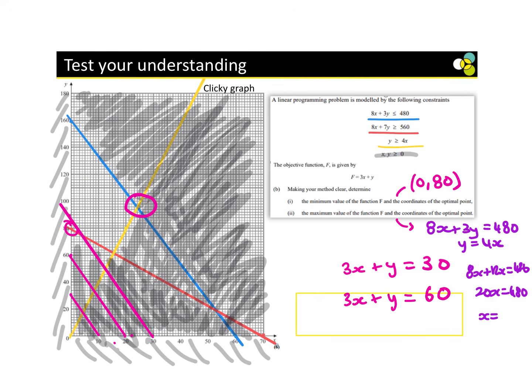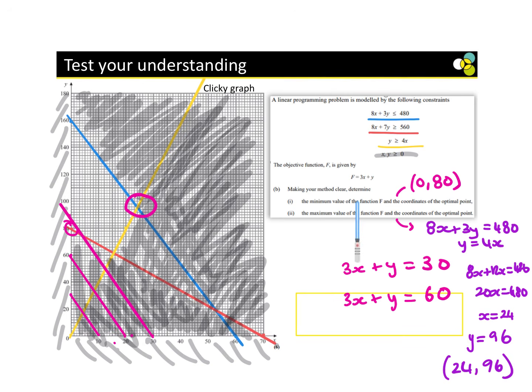That means x equals 24. Yeah, that looks about right. How do I find y? 4 times 24. 20, 40, 60, 80, 96. So here, my maximum coordinate is going to be (24, 96). And this would mean, for example, if x was jumpers, y was shorts.